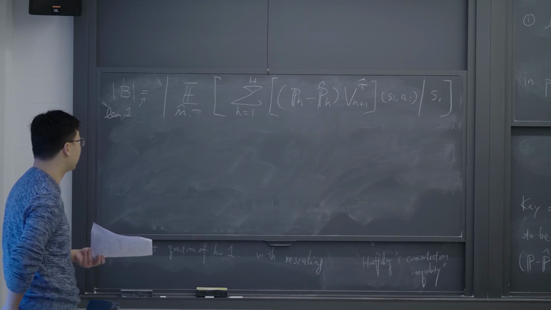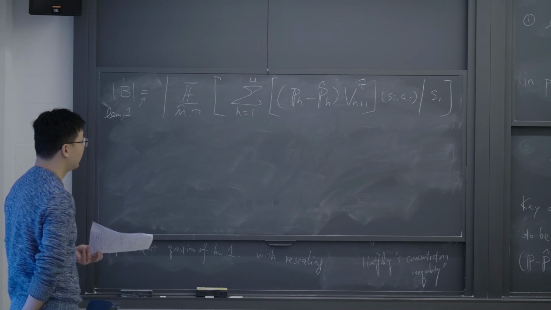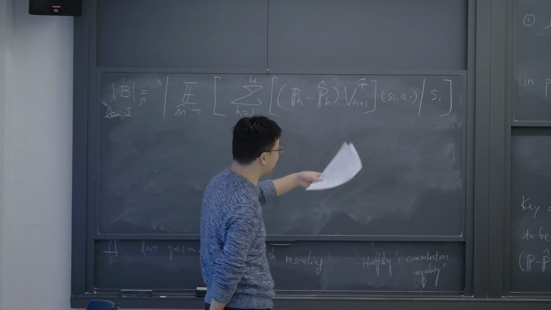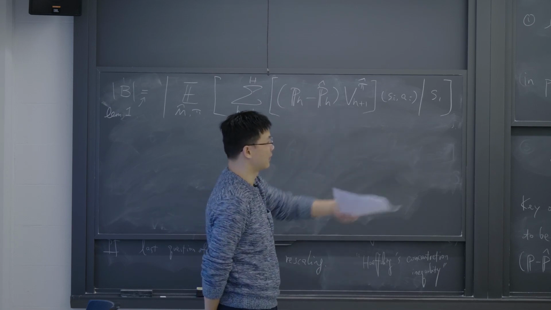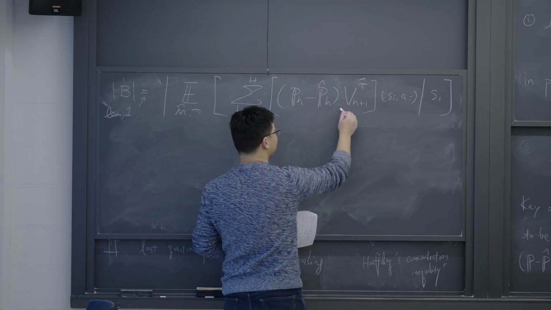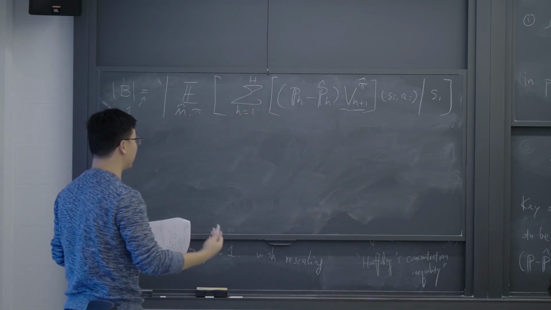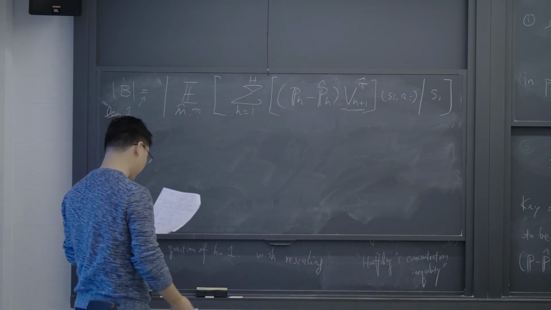This case is definitely trickier because in the first argument, we just argue this value V star is fixed. But here, this is clearly random. It depends on pi hat, where pi hat actually depends on the samples of the simulator. So this is random.